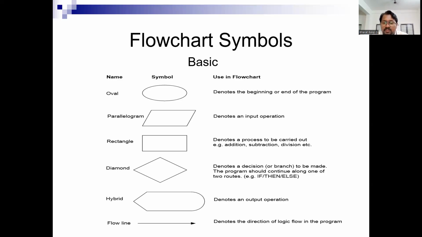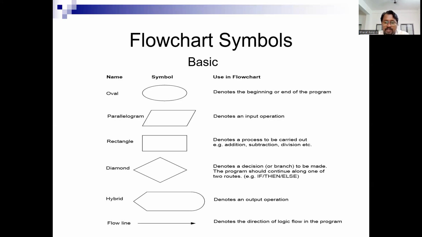The parallelogram is used to denote input operations. The rectangle denotes the process to be carried out, whatever the process is, that is addition, subtraction, division, or any other process.